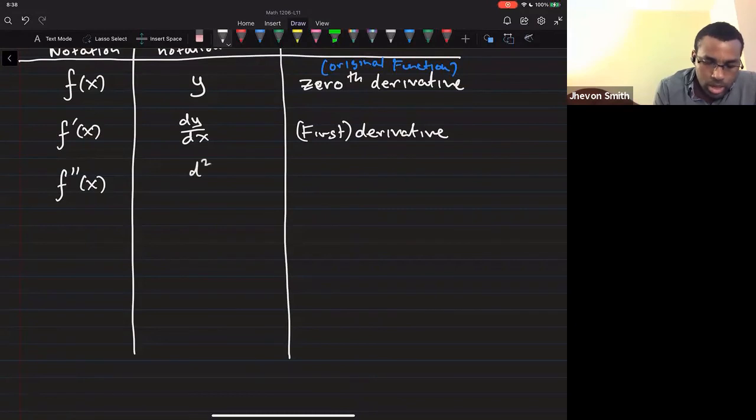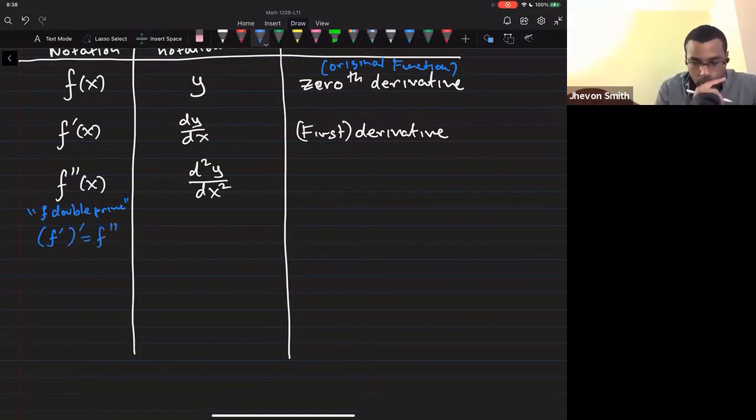Leibniz here, he puts a power on it like this. So this is f double prime. And really it's like you take f prime and then you take a prime of that.